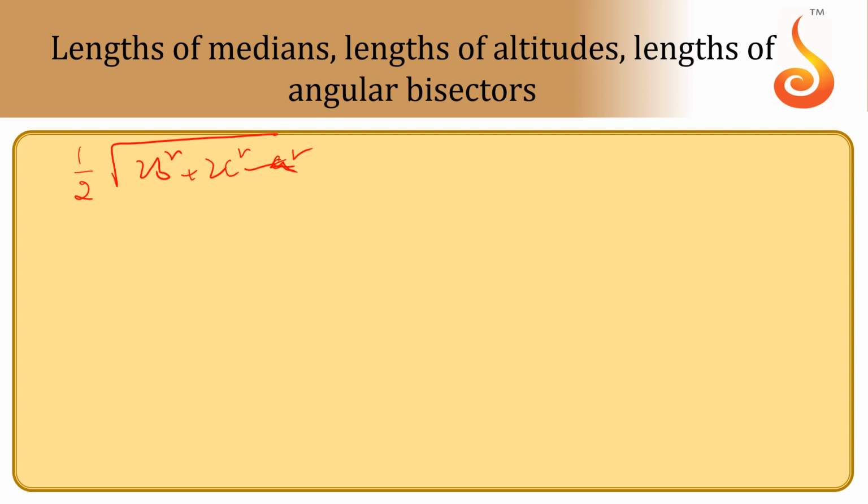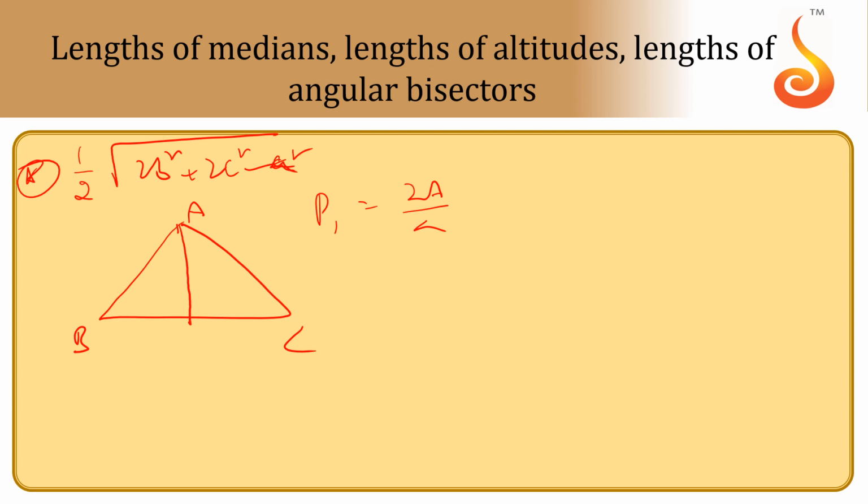Like that you learn the length of medians. Then next, length of altitudes. So I think all of you know that for triangle ABC the altitude you can write P1 equals 2 delta by A. So you can use this formula.